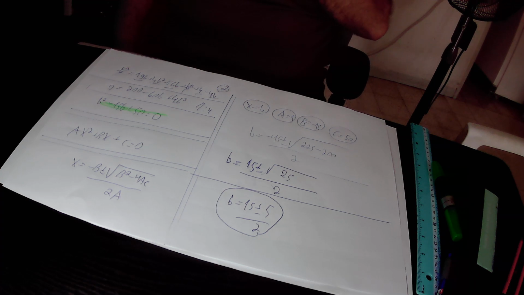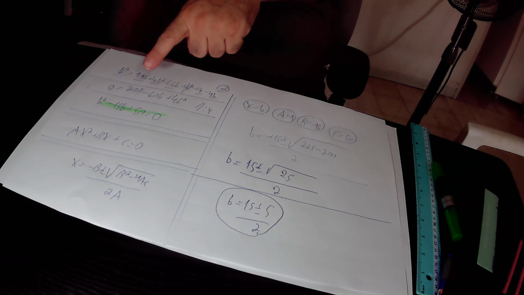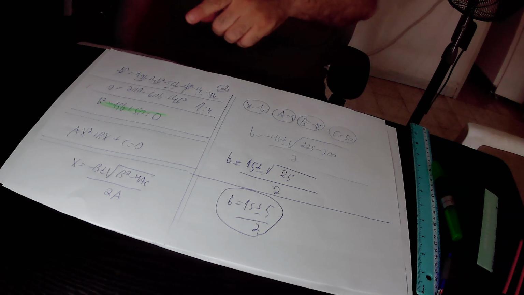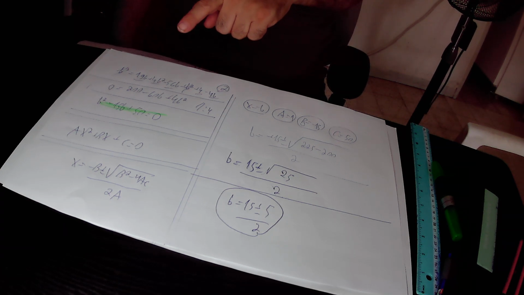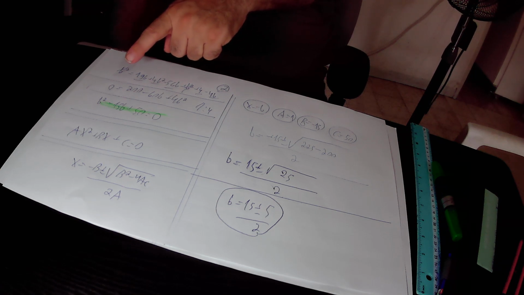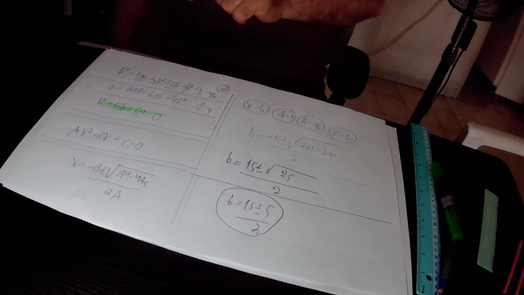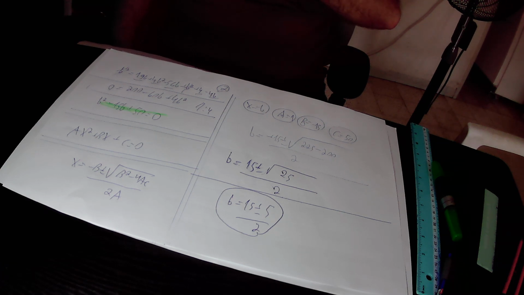Again, small b is the variable that we are looking for in our specific quadratic equation, b squared minus 15b plus 50 equals 0. So x equals b. The coefficient a equals 1, the coefficient B equals minus 15. It is capital B that equals minus 15, while small b is the variable that we are looking for.